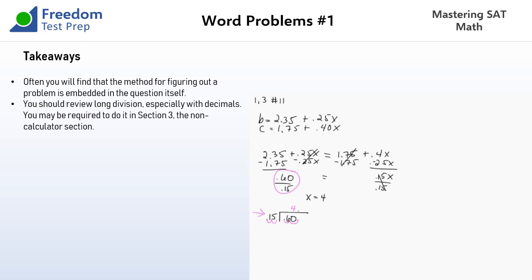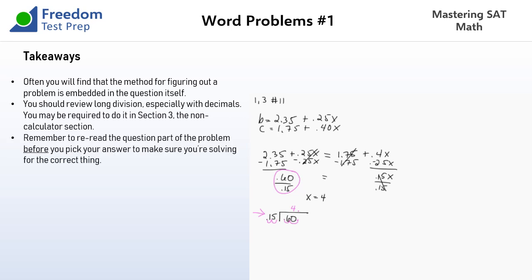All right, now if you look, we have x equals 4, but 4 isn't in our answer choices. And that's because we haven't solved the problem yet, because x is the number of weeks, right? So now we have to take this 4 and plug it back into one of these equations. And it doesn't matter which one, since the equations are equal.